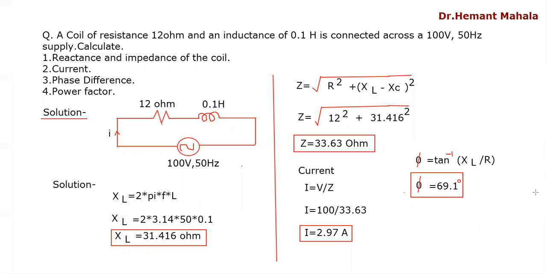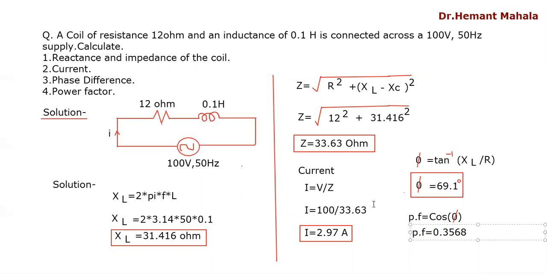Now power factor cos phi came out, power factor is equal to cos of phi, it is equal to 0.3568.